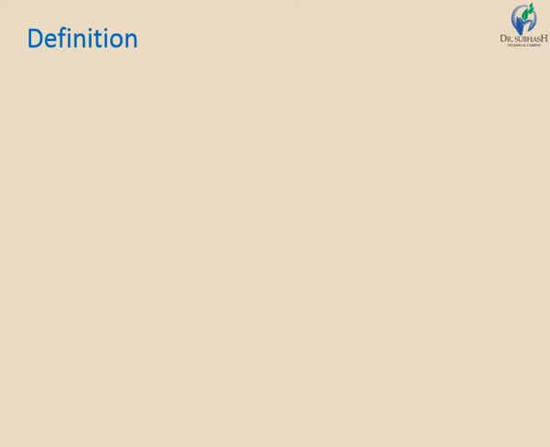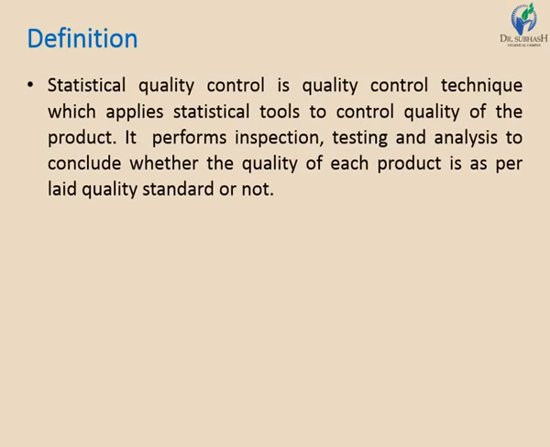So what is Statistical Quality Control? As the name itself suggests, it's a quality control technique which uses some statistical tools for controlling the quality of products. It performs inspection, testing and analysis to conclude whether the quality of each product is as per the laid quality standard or not.